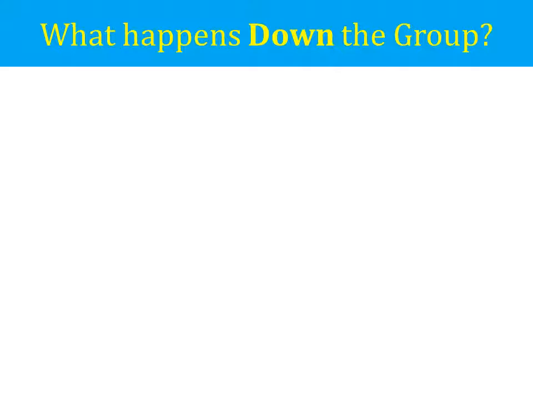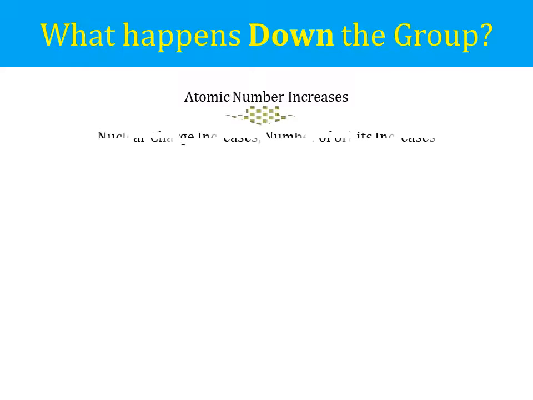The first definite comments: what happens down the group? When we move down the group, atomic number increases. And if atomic number increases, we know that the nuclear charge will also increase. Two things happen simultaneously down the group: the nuclear charge increases, and parallelly, the number of orbitals increases.